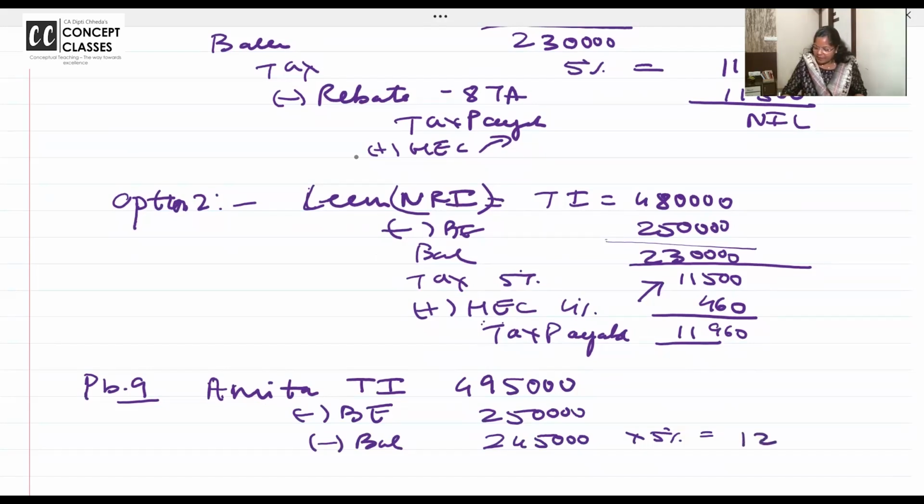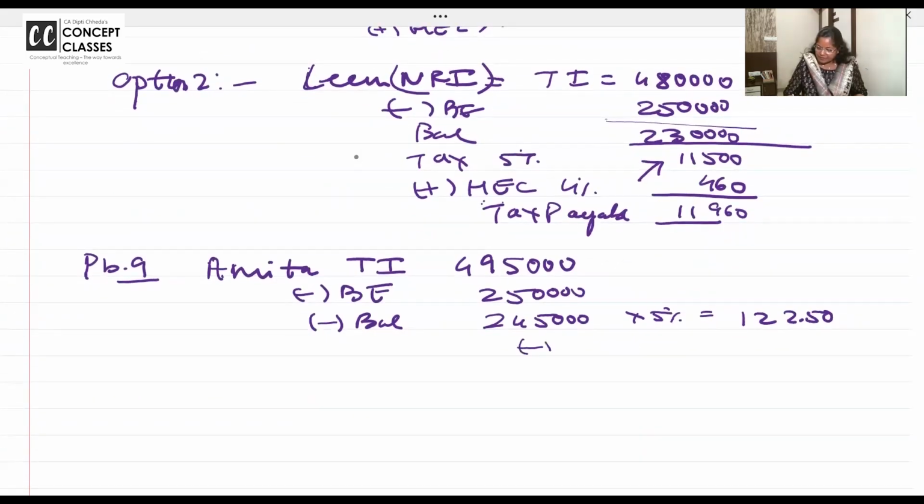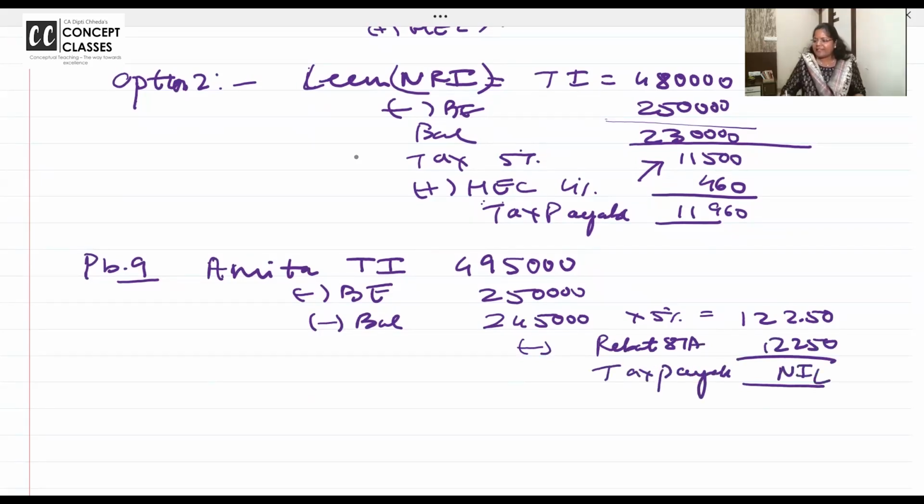How much is it coming? 12,250 is the tax. So you have to deduct 12,250. So rebate, how much will we give under 87A? 12,250. And what is the tax payable? Please don't leave it blank. Please write that the final tax payable is nil. Write like this: final tax payable is nil.